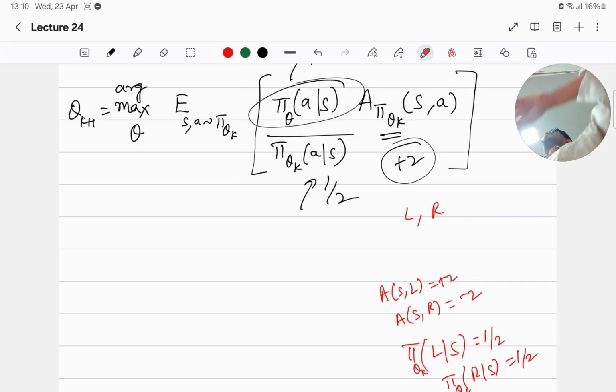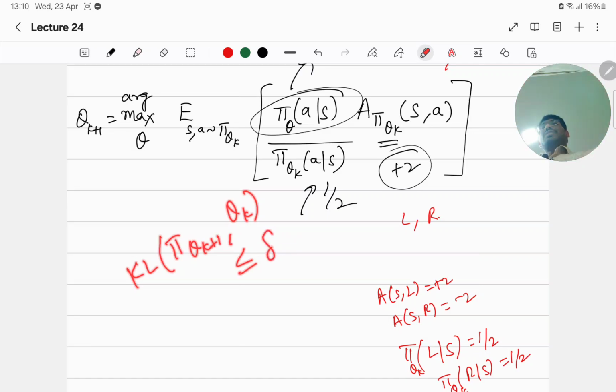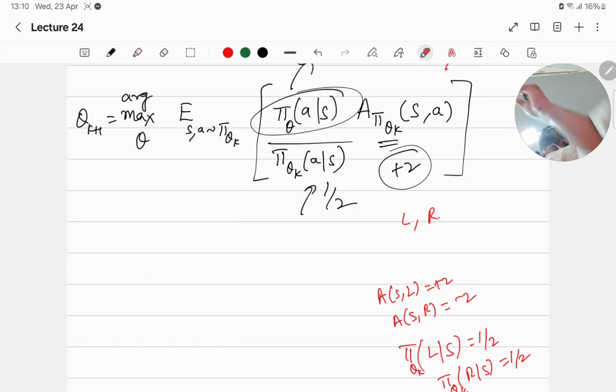That means it should not be too far. It will try to ensure that KL of pi theta k plus 1 comma pi theta k is less than or equal to some threshold, and it keeps that as a constraint.